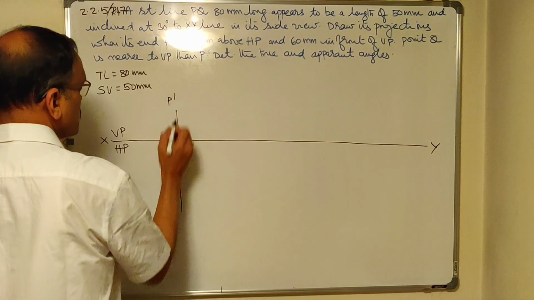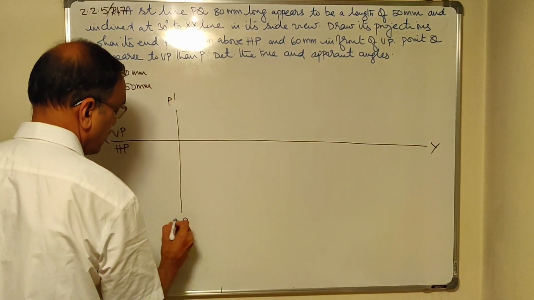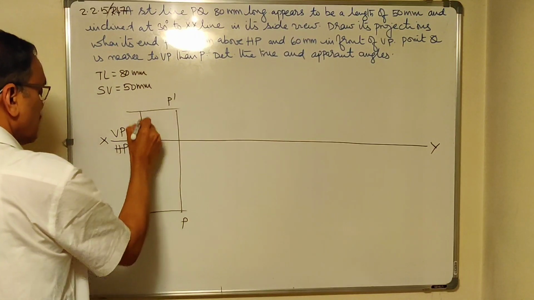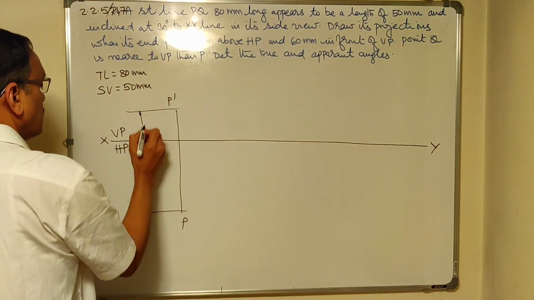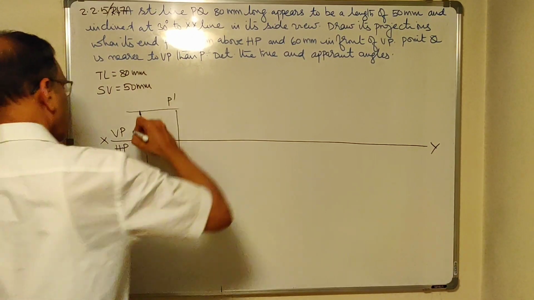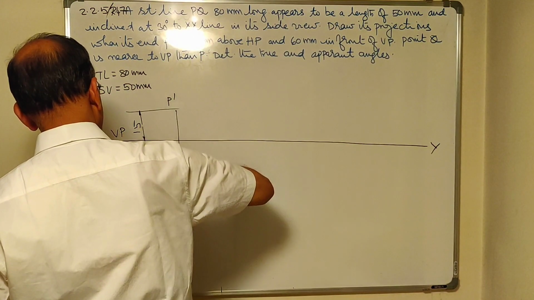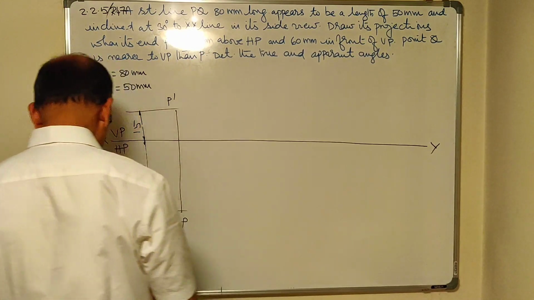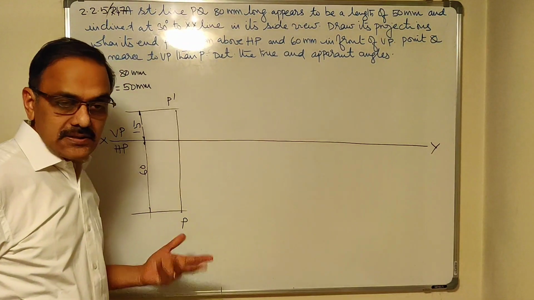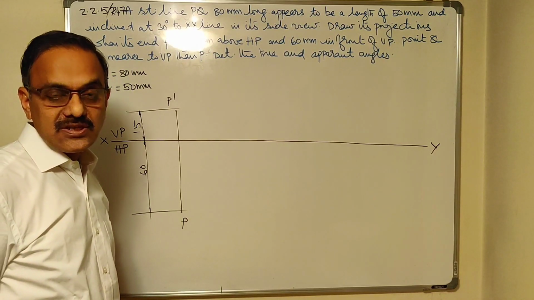So this is P dash and this is P. 15 and 60. Done. Nothing is given about point Q. No distance is given.